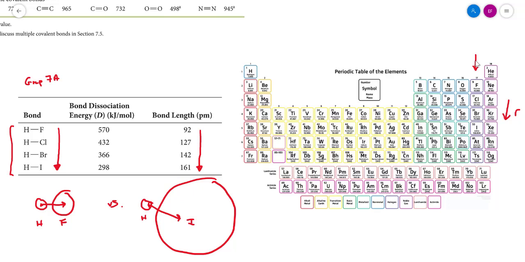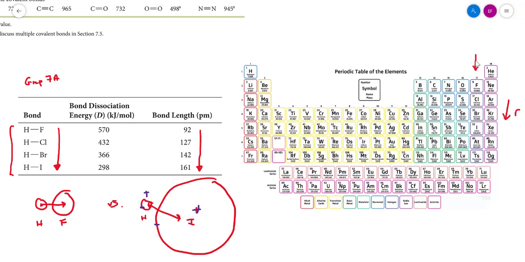So as these two things get further away from each other, as that bond length gets farther and farther, that attraction between the positive center of the nucleus or nuclei and their electron clouds gets weaker and weaker and weaker.